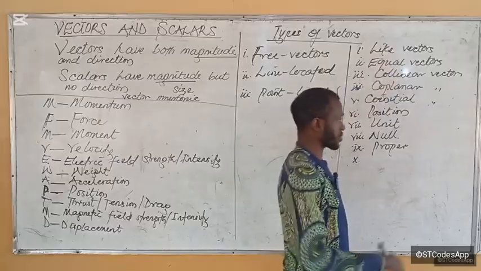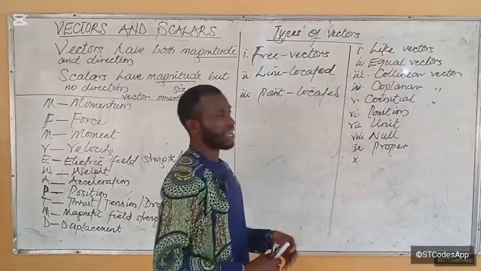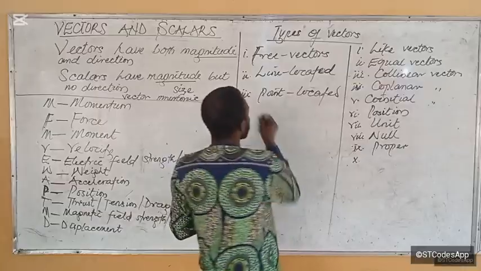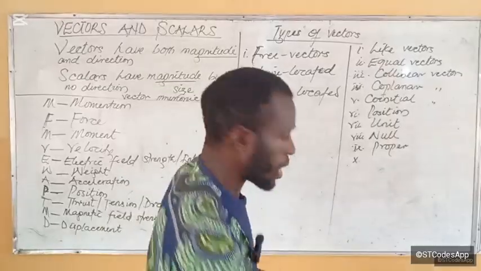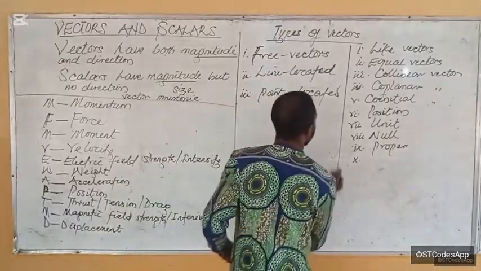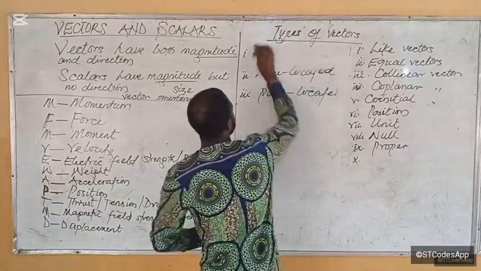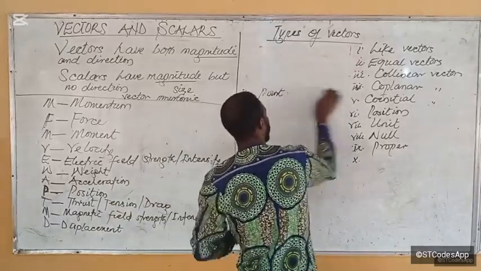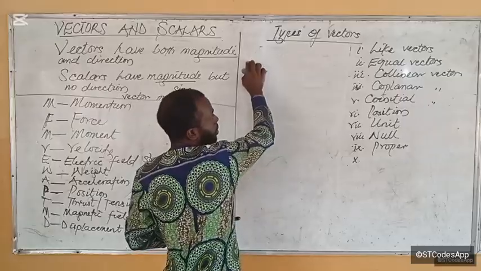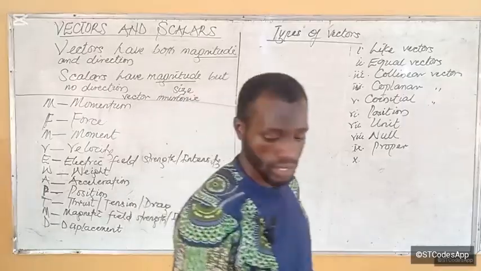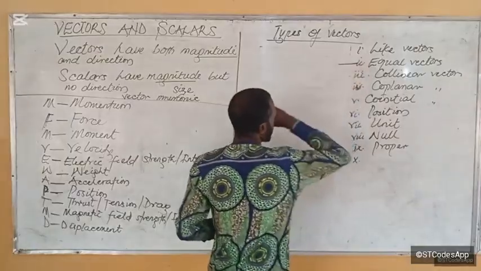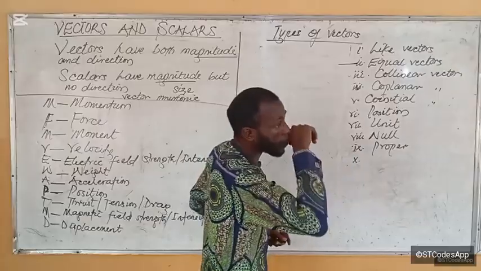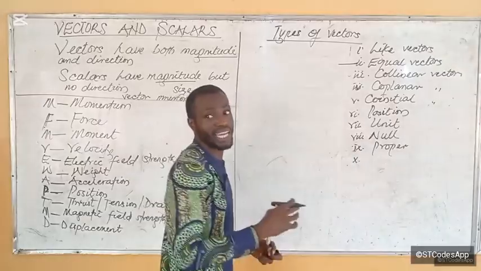Now, what are like vectors? Like vectors are vectors that have equal magnitude and direction. Equal vectors are the ones that have the same magnitude and direction.